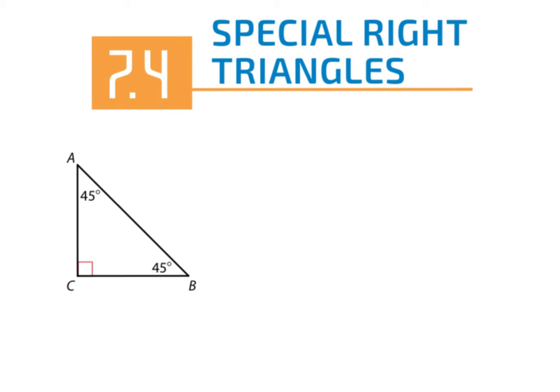There are two triangles that are right triangles that create these ratios that always happen the same way. The first one we're going to talk about is called a 45, 45, 90. All right. So it is a right triangle. So we know at least that only one of the angles is 90 degrees. And the first one's a 45, 45, 90. They always have to add up to 180.